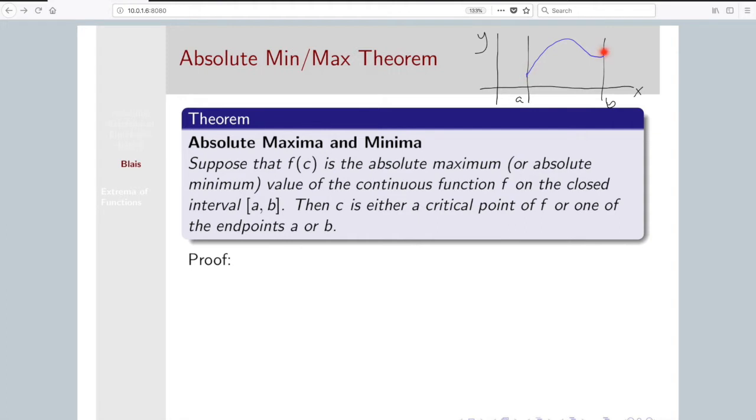We saw that it could occur at the endpoints. In this picture, this has its minimum at the left endpoint x equals a. But notice that its maximum occurs here at this peak.